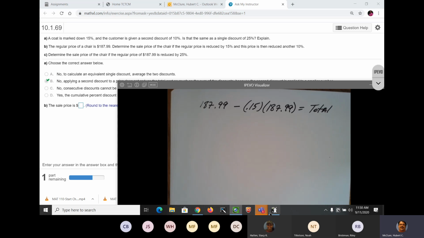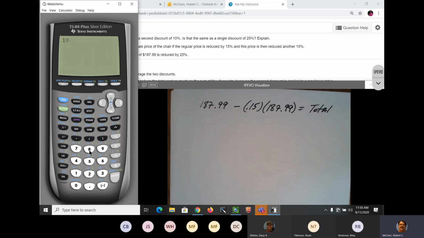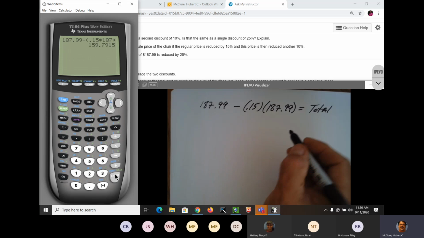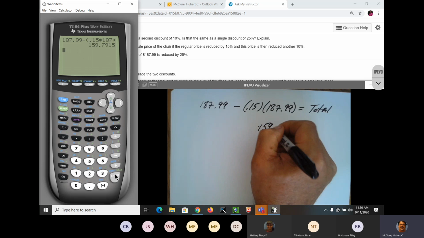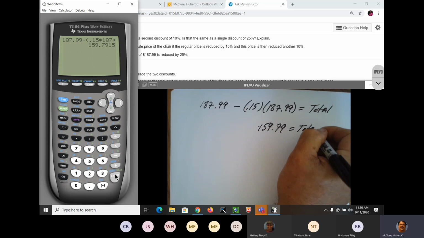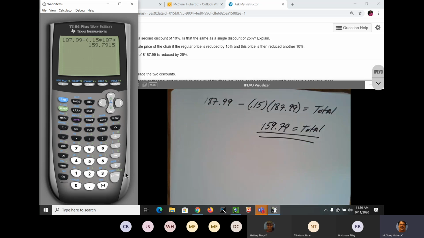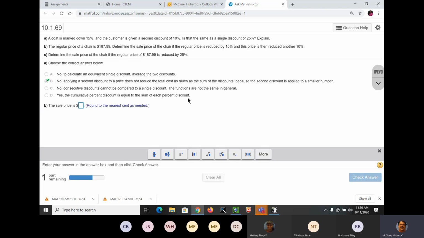So 187.99 minus parentheses 0.15 times 187.99 close parentheses, and that should equal 159.79.